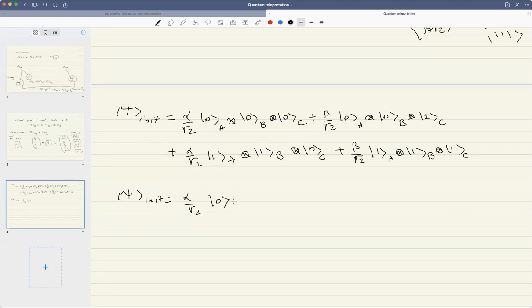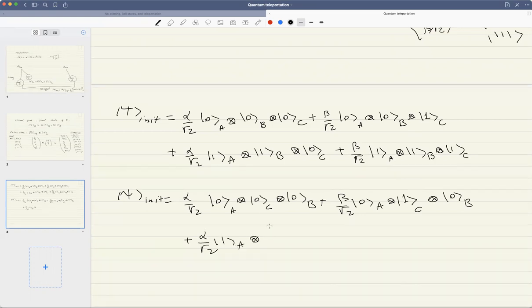So 0 0 0 can be interpreted as 0 of A, 0 of C, 0 of B, plus beta over square root 2, 0 of A, 1 of C. So I pick this other permutation of qubits to write my basis states, and 0 of B, plus alpha over square root 2, 1A, 0C, 1B, beta over square root 2, 1A, 1C, 1B.